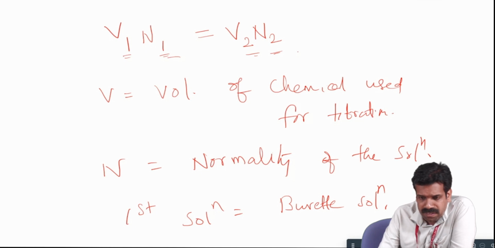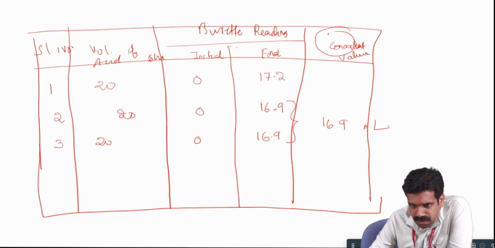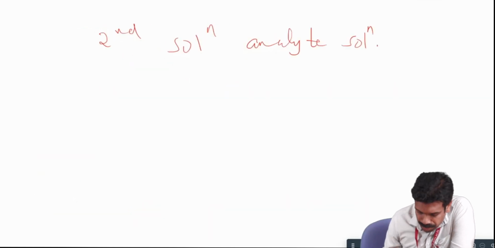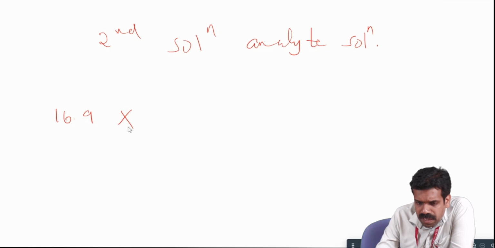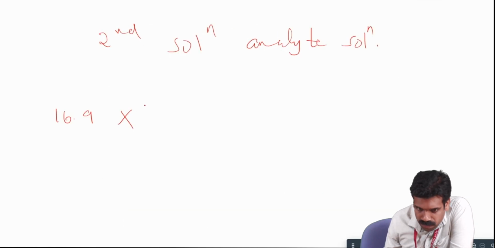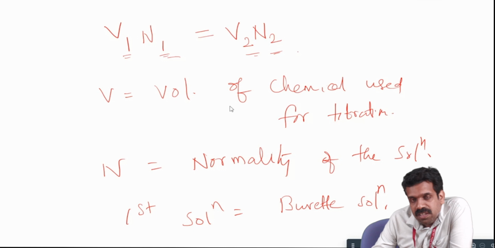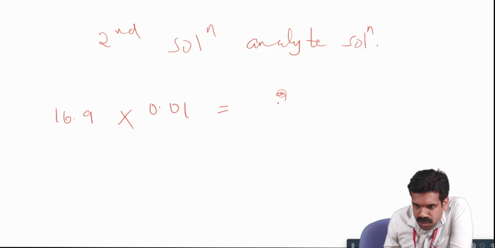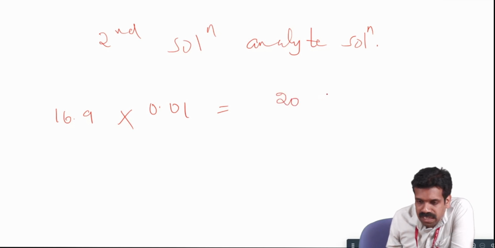The burette solution is NaOH, and the volume we have used is 16.9 ml. So I substitute 16.9 for V1. N1 is the normality of the burette solution, which is 0.01. Then V2, the volume of the analyte solution used for titration, is 20 ml. We pipetted out 20 ml each time.